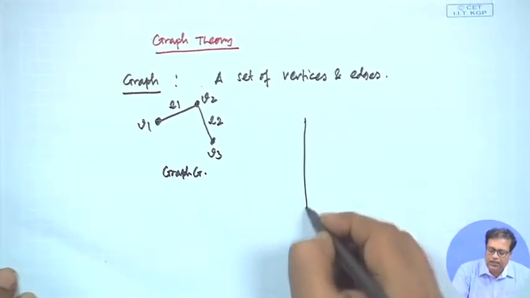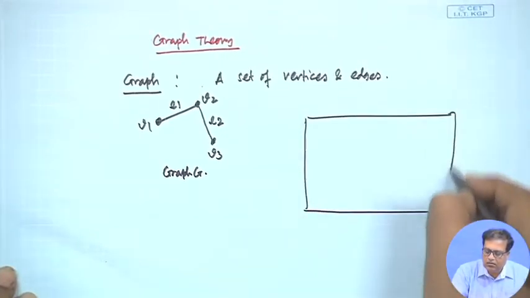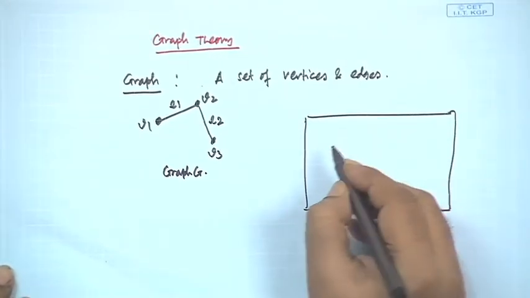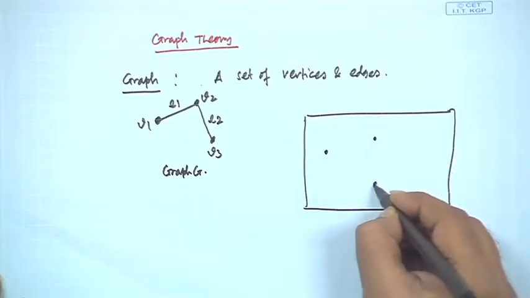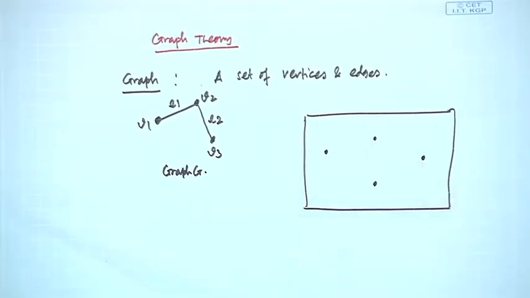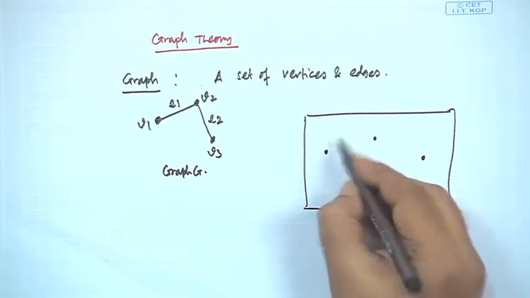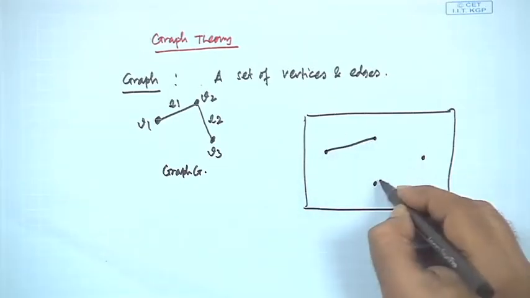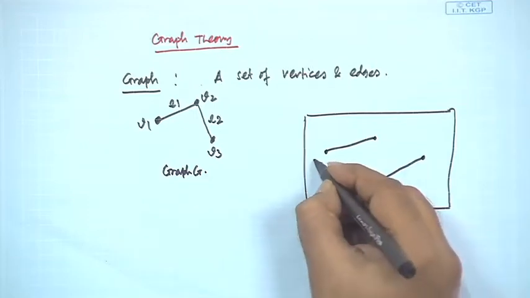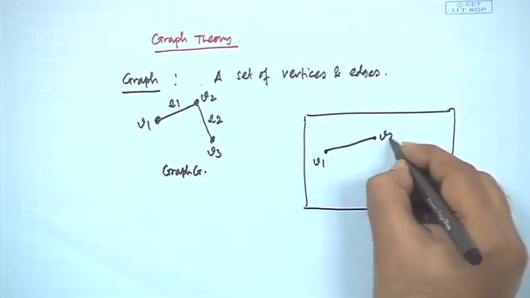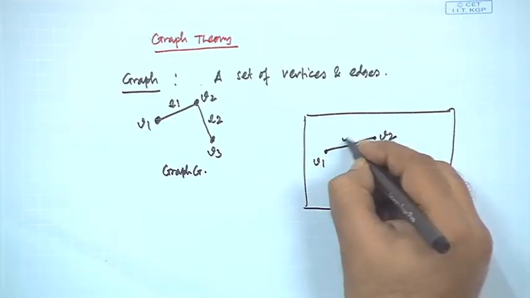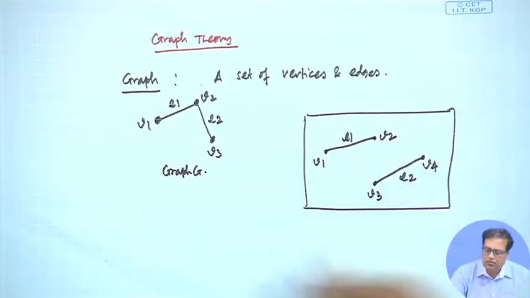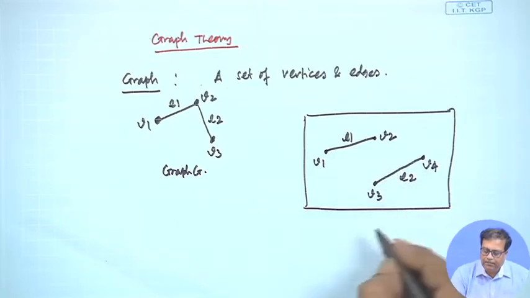Now within this space, let us draw another graph. Suppose I have 1, 2, 3, 4 vertices. I connect these two and I connect these two. So I have V1, V2, V3, V4, E1, E2. Look at the whole thing. Is it a graph?